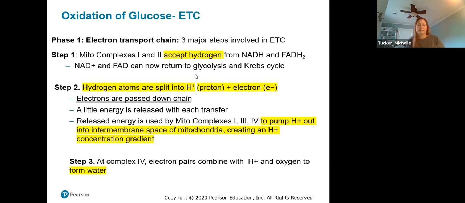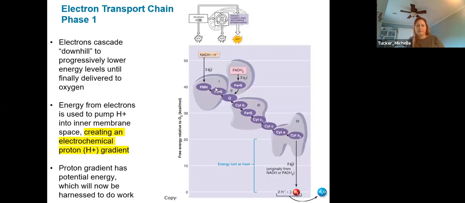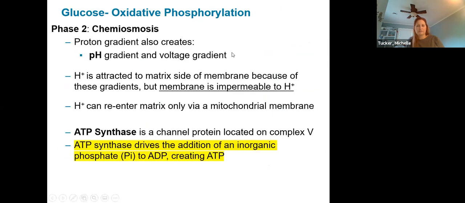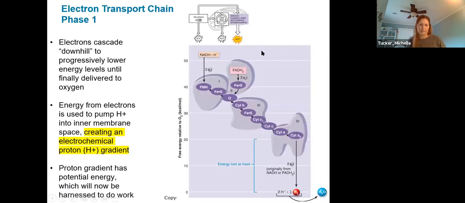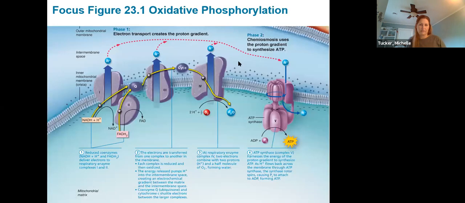The first step, and actually, there's one more. There we go. Okay. I like this diagram to help explain things. So you have 5 complexes in the mitochondria on these membranes. Most of them are going to be associated with metal-containing enzymes.